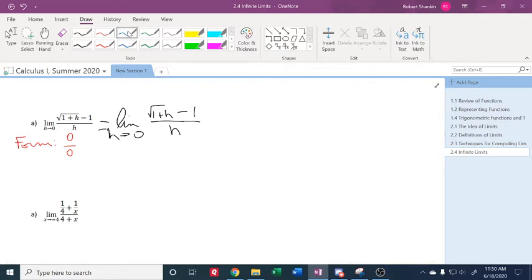Alright, so what I'm going to do is the same trick I showed you yesterday. If I want to get the square root to go away, by the way, that square root goes over the h. If I want to get the square root to go away in the numerator, the only way I can really do that if it's 2 terms is multiply by what's called the conjugate.